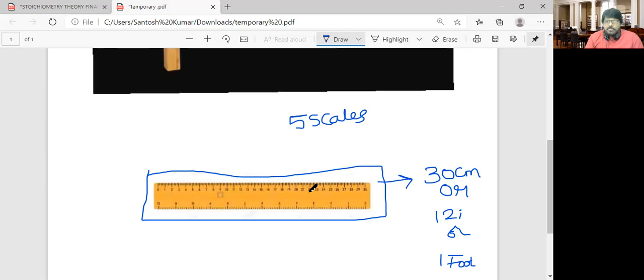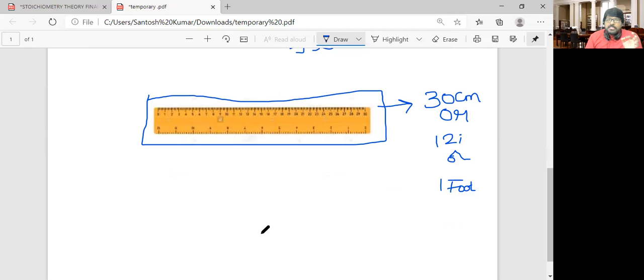Based on this example, let us try to understand the concept of atomic weight. Now we have some sophisticated techniques to measure the mass of an atom. An atom is the smallest particle, and measuring its mass is very difficult.